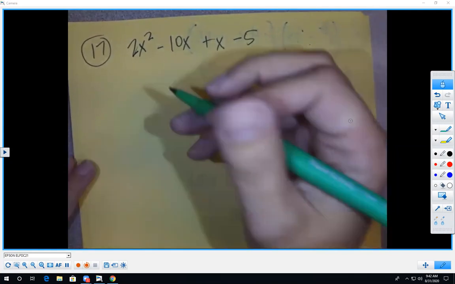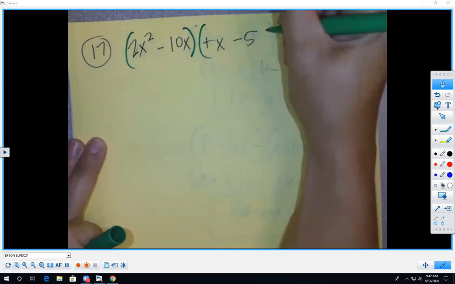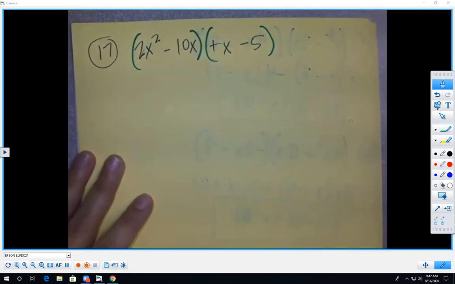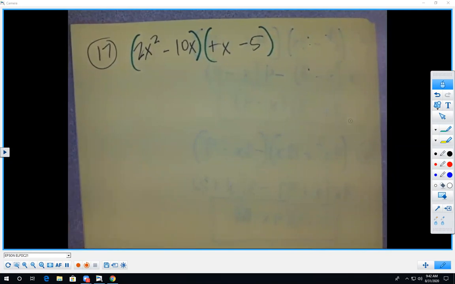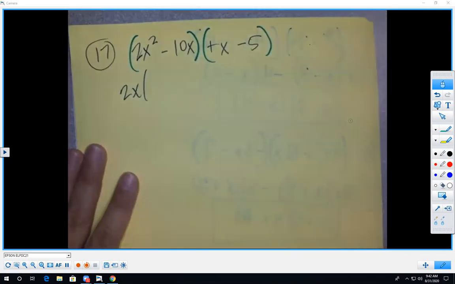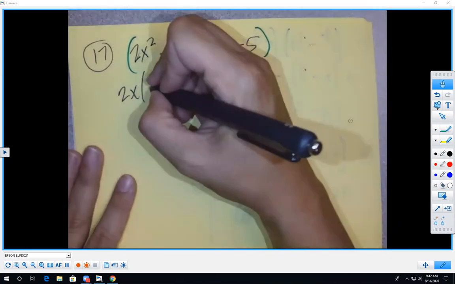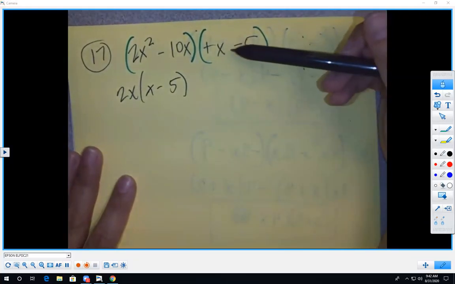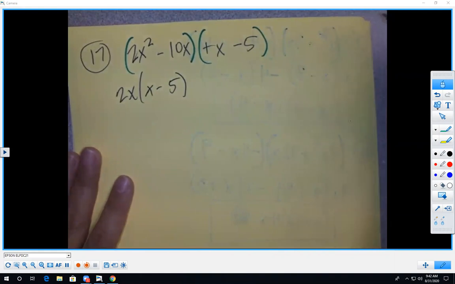Okay, so do your two sets of parentheses. 2x squared minus 10x. What's the greatest common factor there? 2x. When I take out a 2x, what's left over? X minus 5. For the next one, x minus 5, what's the greatest common factor?